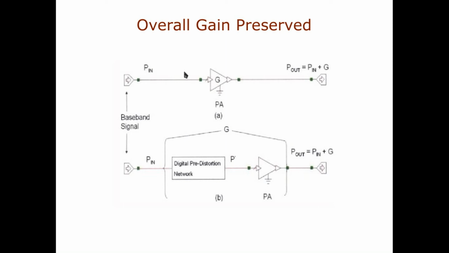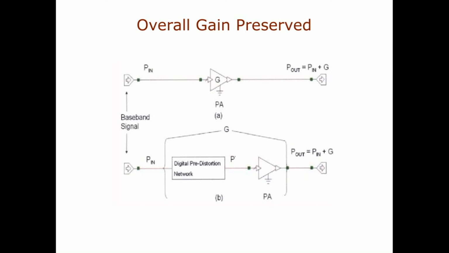The first case represents the baseband case where our input signal or the input power is amplified by G. So if you write the power in dB, the output power is Pin plus G. Now when you introduce the pre-distortion block also, there should not be any change in the gain of the system. The gain of the system should not be altered by the digital pre-distortion block.